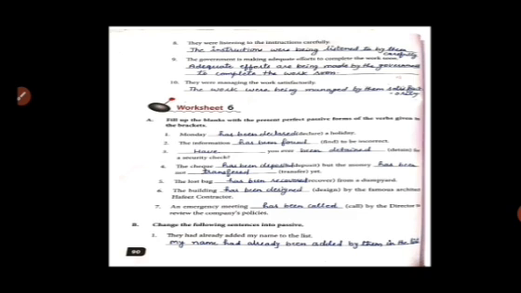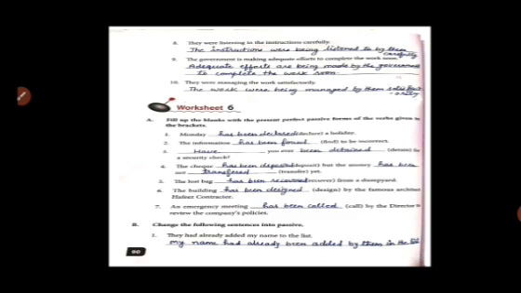The checks have been deposited, but the money has not been transferred yet. The lost bag has been recovered from the dump yard. The building has been designed by the famous architect Hafiz Contractor.